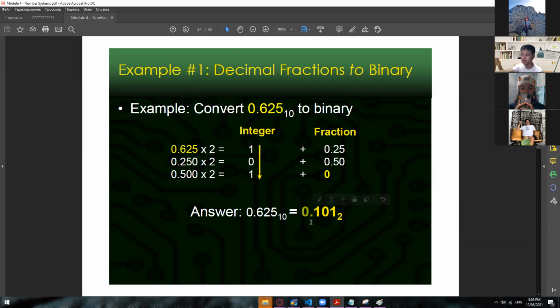Okay, not 101, because 101 is a whole number. So if you're going to convert a fraction, it will also give you a fraction, of course. So in here, let's put here 0 point something. 0.101. So in decimal, we have 0.625, but once this is converted to binary, it is now equal to 0.101.